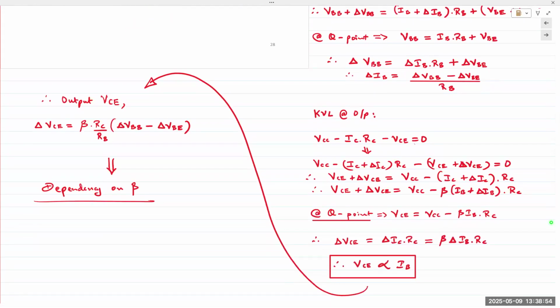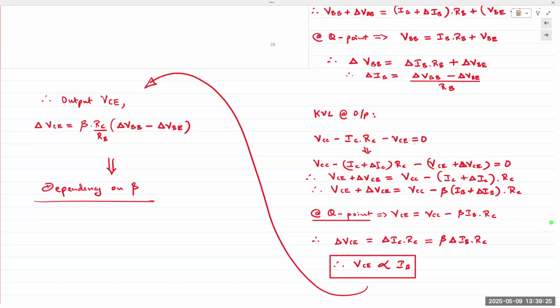On the output side, same equation. VCC is divided across ICRC and VCE. You add the AC component in there, and you would obtain VCE plus delta VCE and IC plus delta IC. VCC is the voltage on the output side. It does not have an AC component to it.